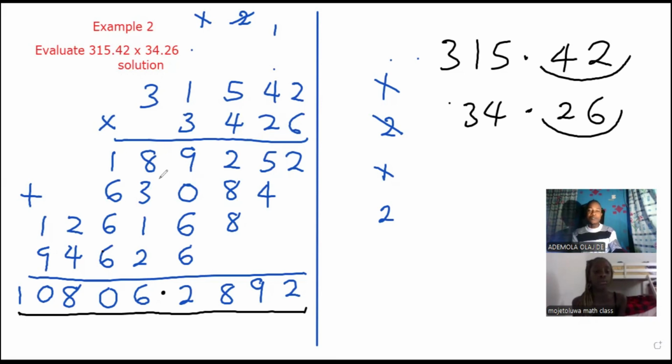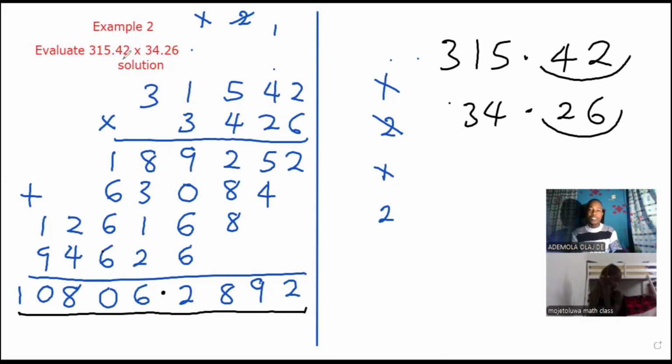Then all the intermediate results that we have here, we add them eventually. So when you add, you get these results. How do you place your decimal? You look at the numbers themselves. The numbers are 315.42 times 34.26. How many digits do I have after the decimal point here? 2 digits. For the other one, how many digits after the decimal point?